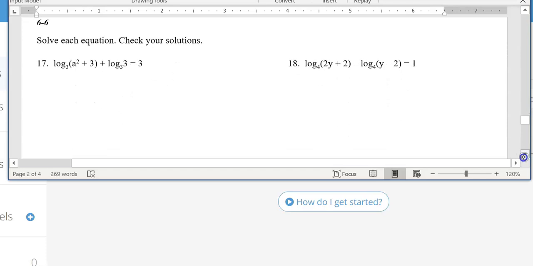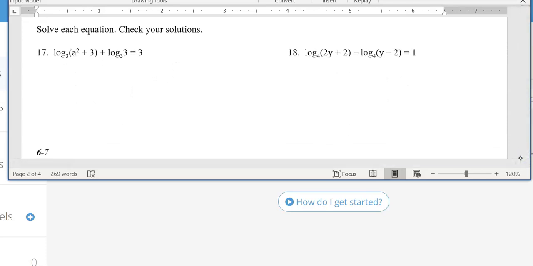And we got some log review on this review sheet. So let's take a look at these log equations. For log equations, when you are presented with an equation that has more than one log of the same base, you need to combine those as one log.